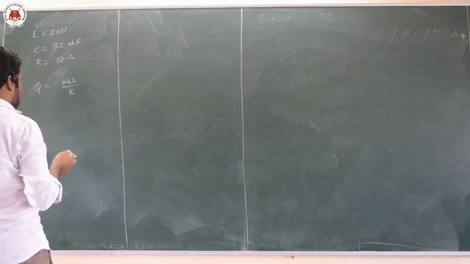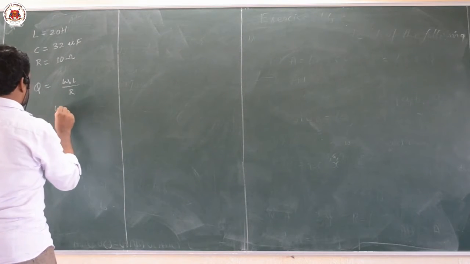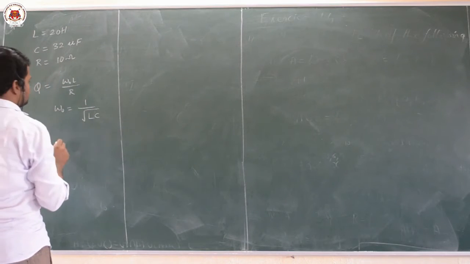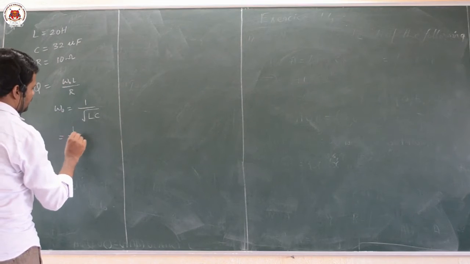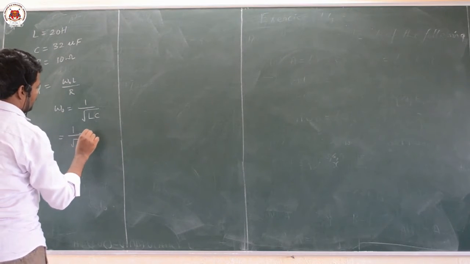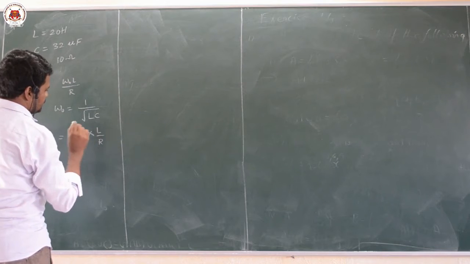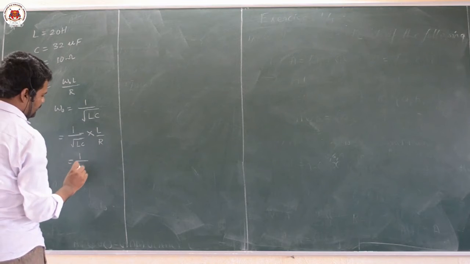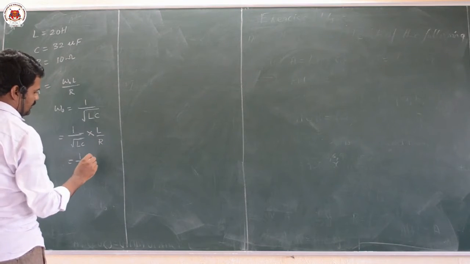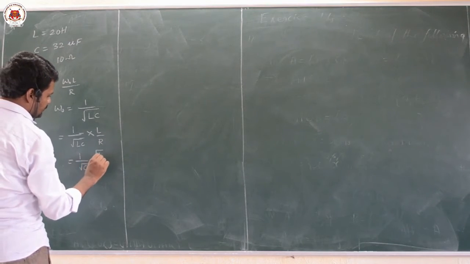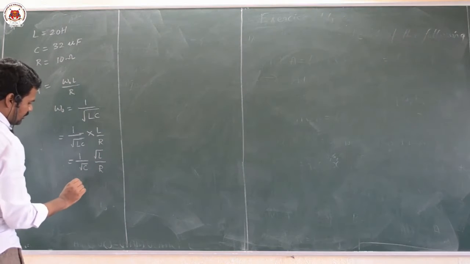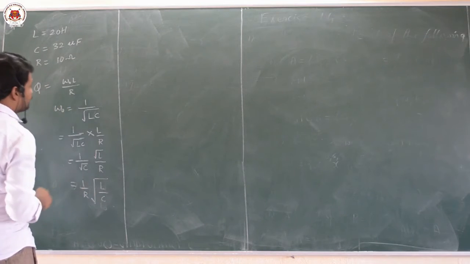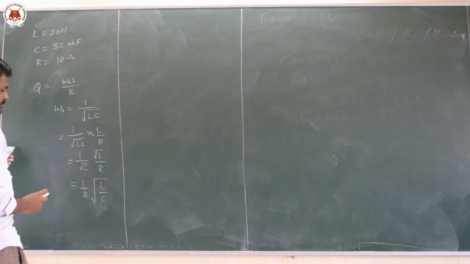You know that omega naught is equal to 1 by root LC. So substitute that, 1 by root LC, into L by R. This will become 1 by root C, root L by R. This you can write as 1 by R into root of L by C. L is given as 20 Henry, R is given as 10.